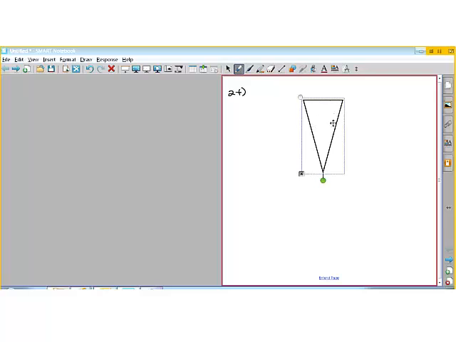Conical tank, vertex down, is 10 feet across at the top and 12 feet deep. So from the top to the bottom is 12 feet. I don't know if I just said 11, but I meant 12.